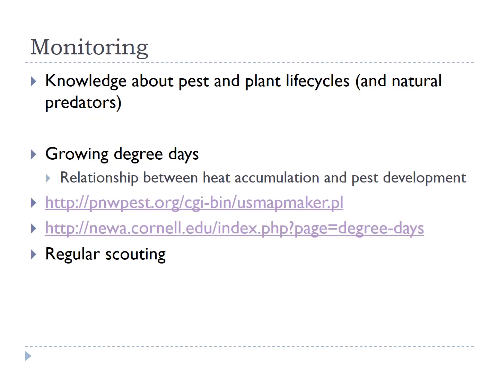And this is where we need to have some knowledge about pests and plant life cycles, and also their natural predators. And so knowing when a pest is going to cause problems, when it's done, the time of year is important. And so thinking about that previous picture, if I saw that kind of damage and it was the end of August, September, I'm not really worried about that.